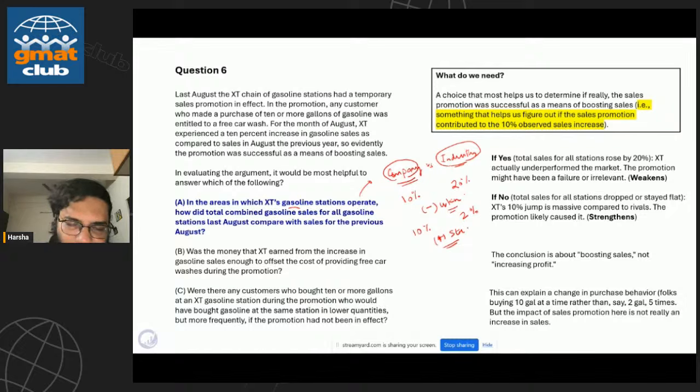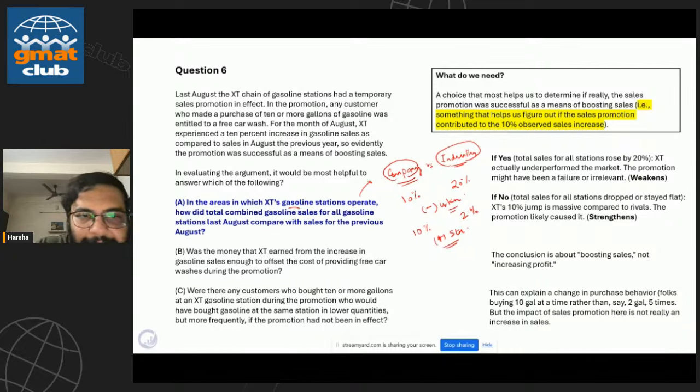Another example of the same company versus market dynamic is the stock market. If the stock market index grew by 20%, but an individual company grew only by 10%, the company is not doing well, right? So, is this idea clear of why A works?